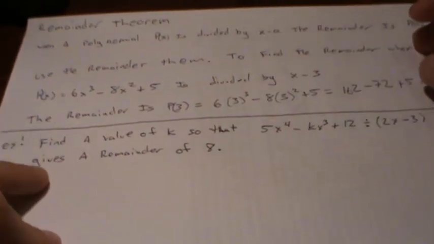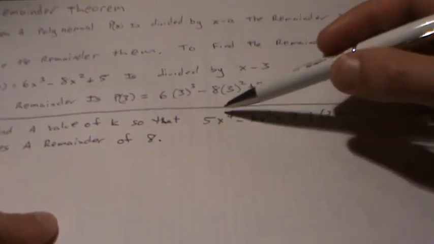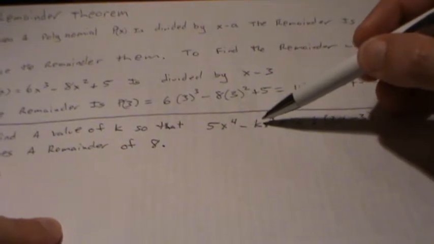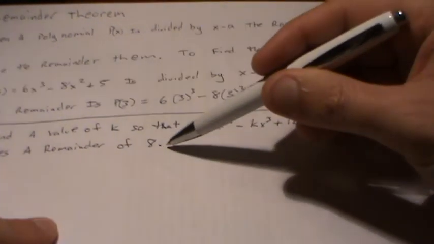So find a value of k so that when you take this and divide it by this, I'm actually looking for a particular value of k, I get a remainder of 8.